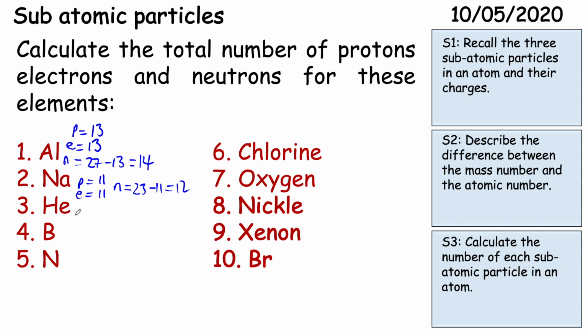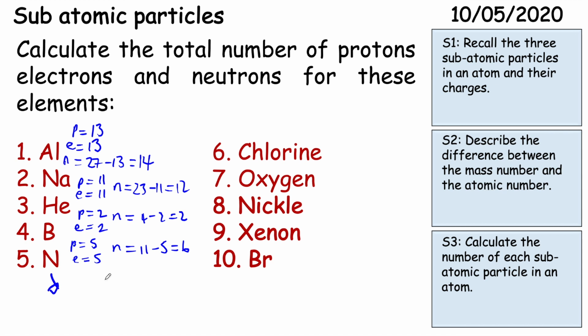Helium, protons equals 2, electrons equals 2, and neutrons equals 4 minus 2, which equals 2 as well. This one here, boron, its protons are 5, its electrons are 5, and its neutrons are 11 minus 5, which equals 6.